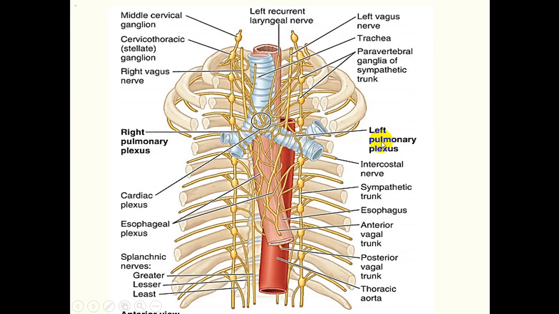From here, branches enter the tissue of the lungs along the planes of blood vessels and bronchi to innervate the deeper parts.